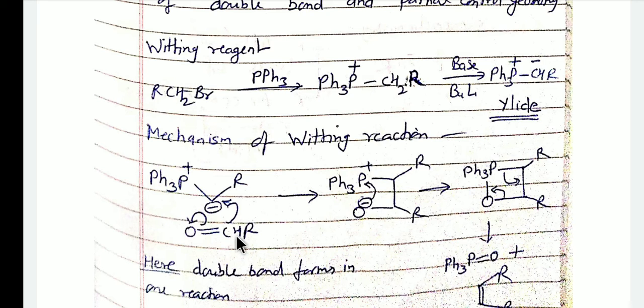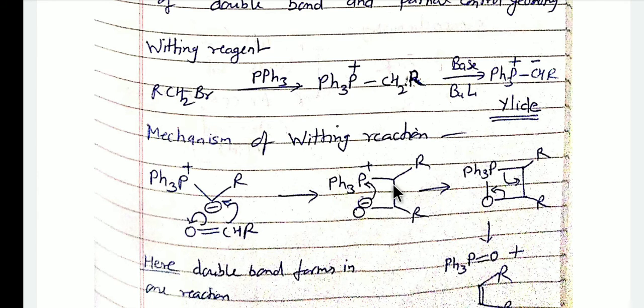In this reaction the bonding electrons of this carbonyl compound are shifted to here. So C becomes positively charged and O becomes negatively charged. This positively charged carbon atom reacts with this negatively charged carbon atom and forms a bond here, and O becomes negatively charged. So the next structure is prepared here.